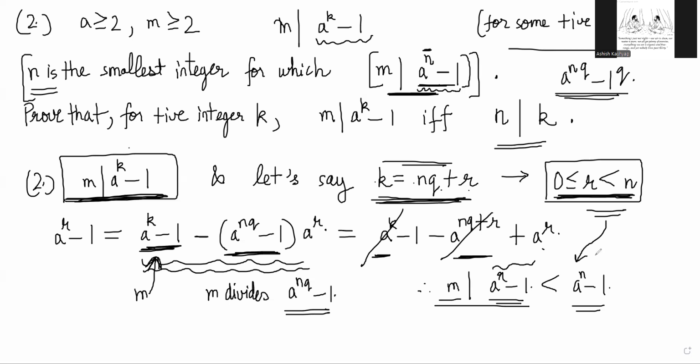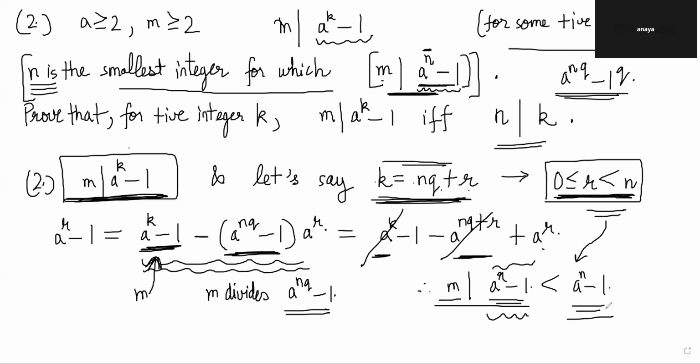But what were we saying? n is the smallest integer for which m divides this, right? Yes. But a power r minus 1 is smaller than this, no? Oh, yeah. Do you understand what is happening? Yes. This is a contradiction, right? Right. So this is contradicting the fact that n was the smallest integer such that m divides this, right?